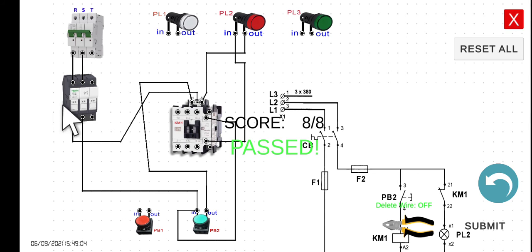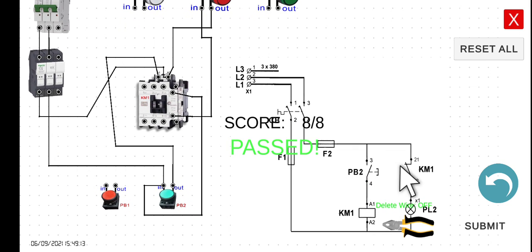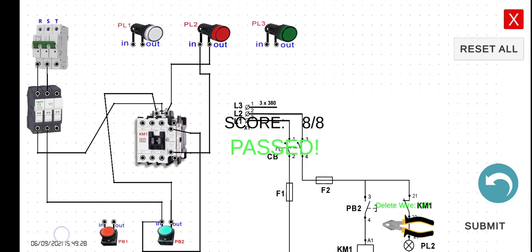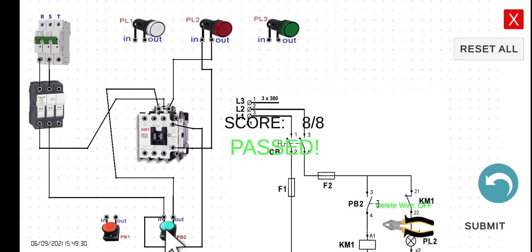As we can see, the moment we start the simulation, this PL2 is already turned on, since, as we discussed a while ago, there is already a closed circuit here. However, if we press this PB2, we expect that this contactor will be energized and this contact will open, hence this PL2 will be turned off. Let's take a look. Click, turn off.